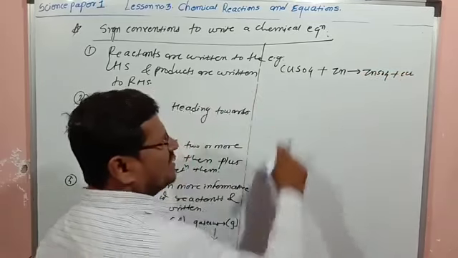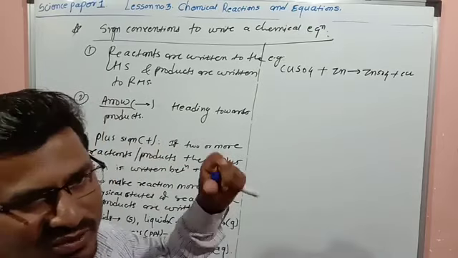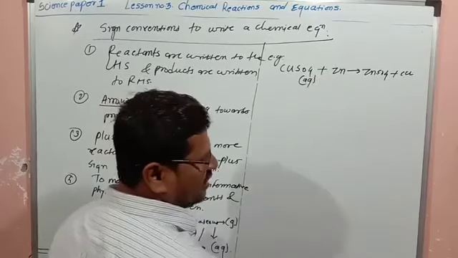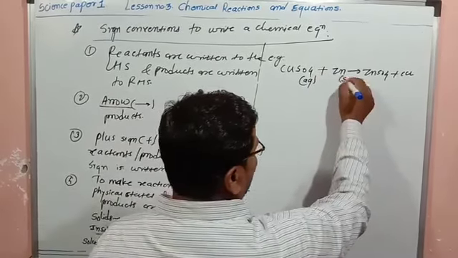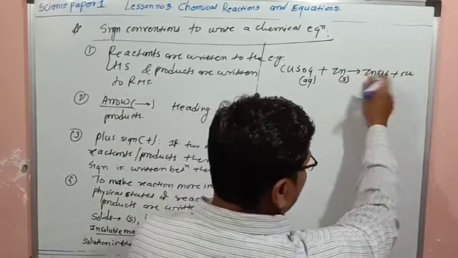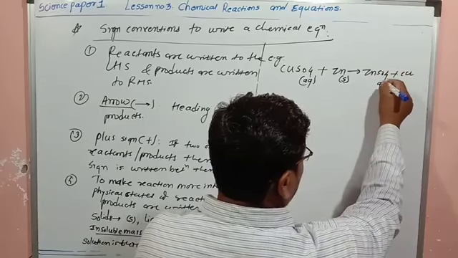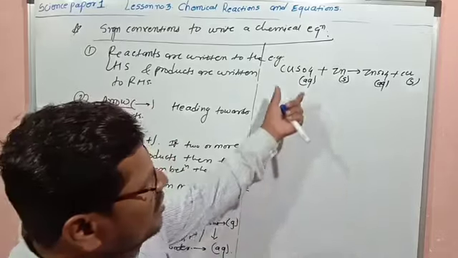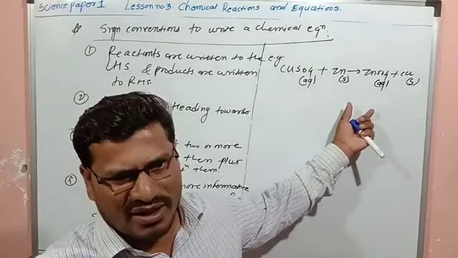To make this reaction more informative, you have to write the physical states. Copper sulfate is in aqueous state, AQ, zinc is in solid state, and after the arrow, zinc sulfate is aqueous and copper is solid. So these are the ways to write the chemical reaction.